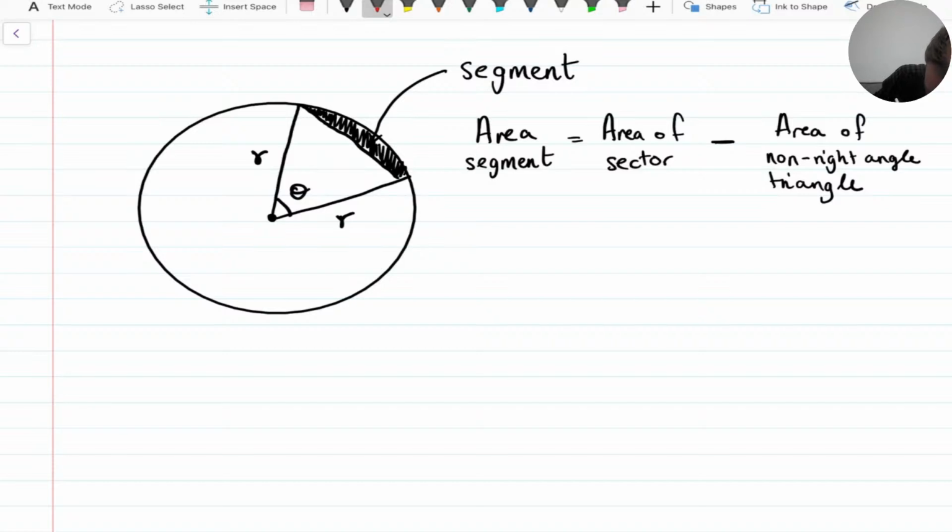So maybe I'll draw that out. So here's the sector, and here is the non-right angle triangle. And if you want, maybe you can just underline that one there, and underline that one there.